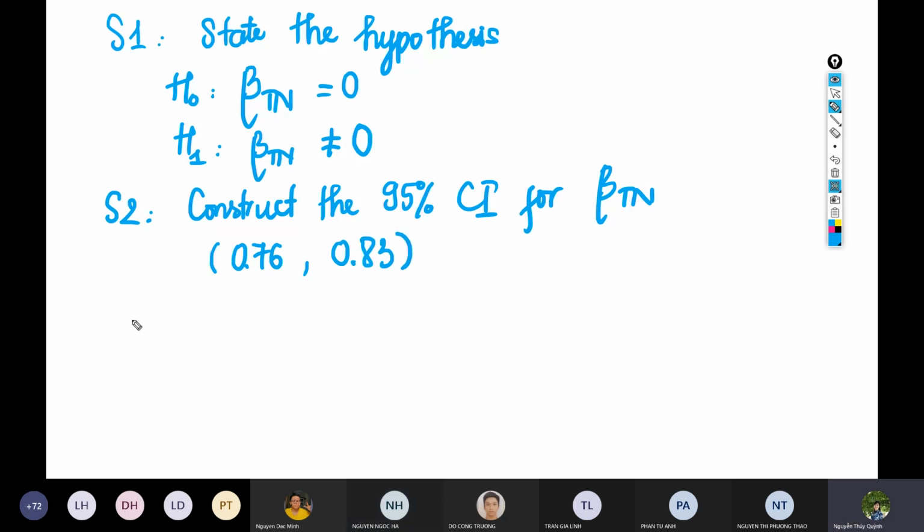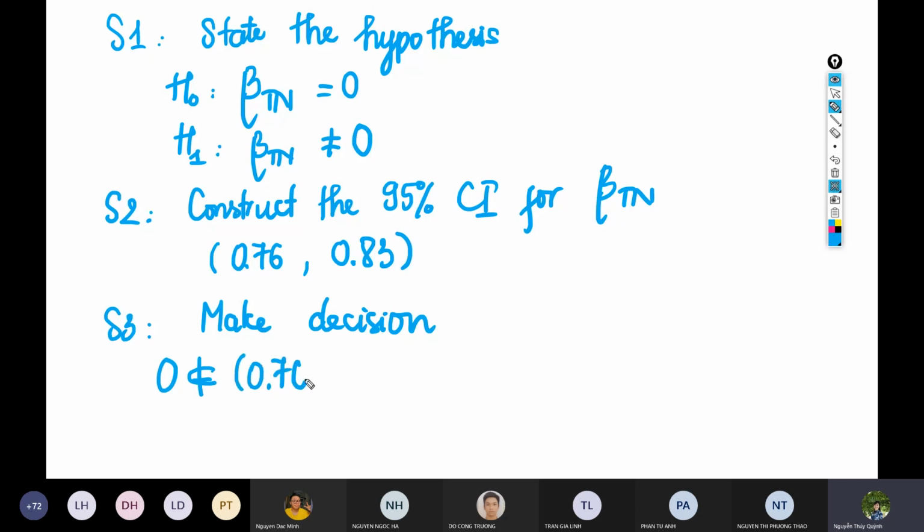So step 3, just make the decision. Does the suspect value fall into the confidence interval for beta Tn? No, it does not. The suspect value zero does not belong to this confidence interval.